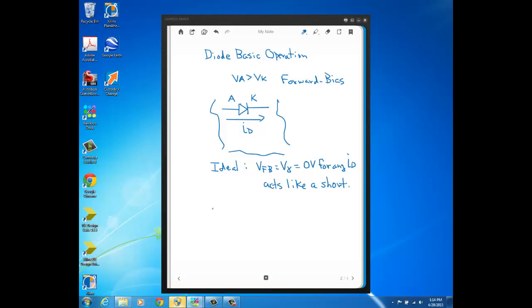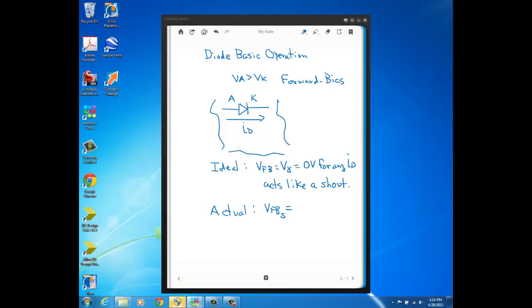Now in actuality, when a diode is forward biased, there will be some voltage dropped across it, and the amount of voltage that's dropped across it primarily depends on the semiconductor material that the diode is made out of.